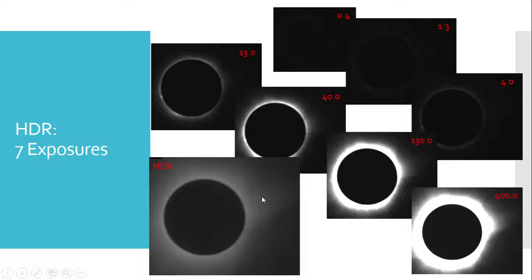So here we have a rough HDR image. This one is from the Palu site of the 2016 Eclipse, and it's blurry because there were some data acquisition problems. But as you can see, there are structures in the corona all the way out from the inner corona to the outer corona.